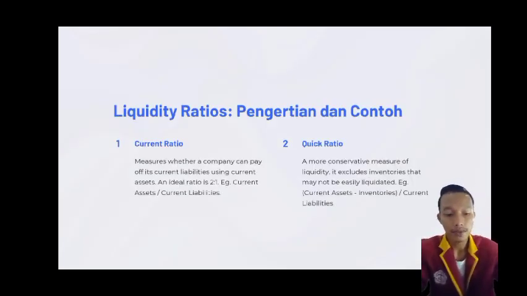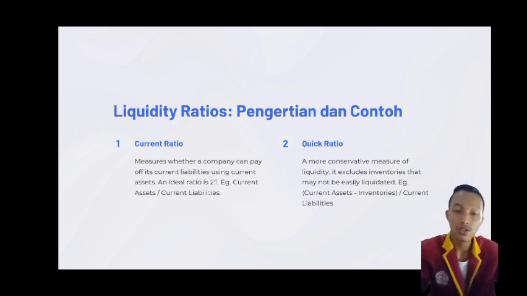Slide number 5, liquidity ratios, definitions and examples. Point 1, current ratio. Current ratio measures whether a company can pay off its current liabilities using current assets. An ideal ratio is 2.